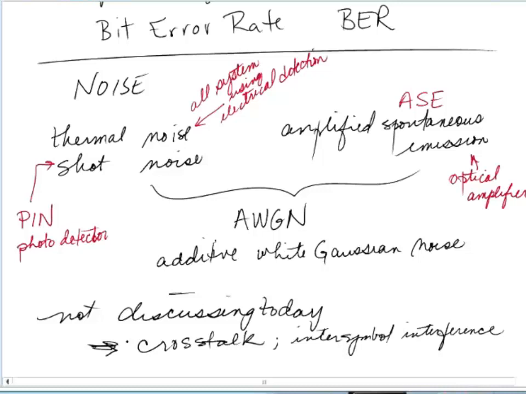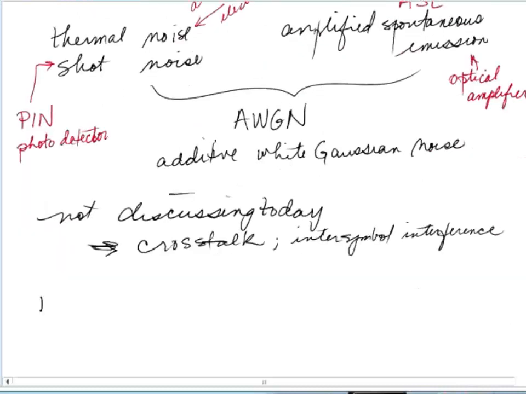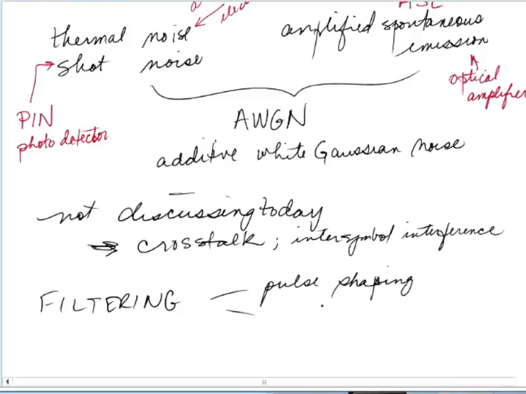So I'll introduce the topic on Thursday with some discussion about when intersymbol interference comes in, what are typical ways of avoiding it. So on Thursday, when we get to the second half on filtering, we'll be talking a little bit about pulse shaping and ISI avoidance.